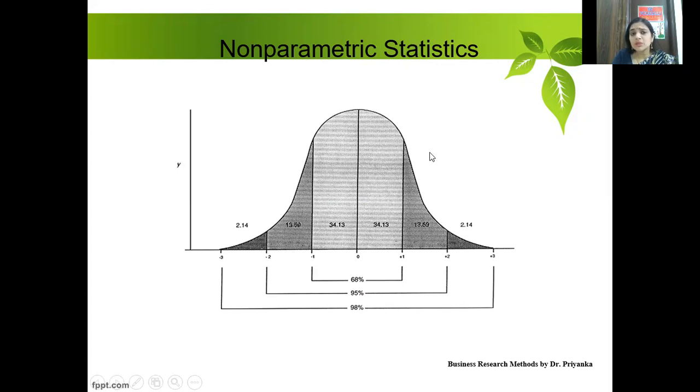There should be a normal curve. But when it comes to non-parametric statistics, it is not necessarily to be a normal curve. Even if it is not normal, it is non-symmetric, it would be okay with non-parametric statistics.